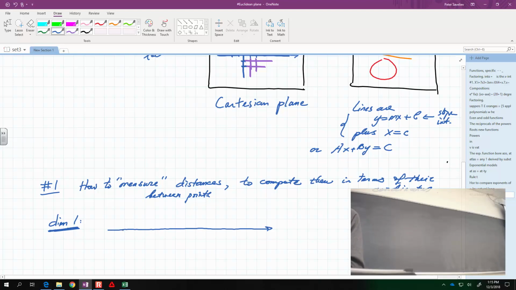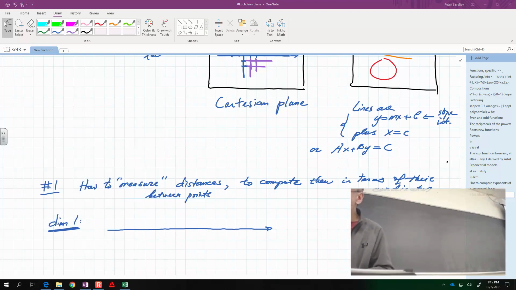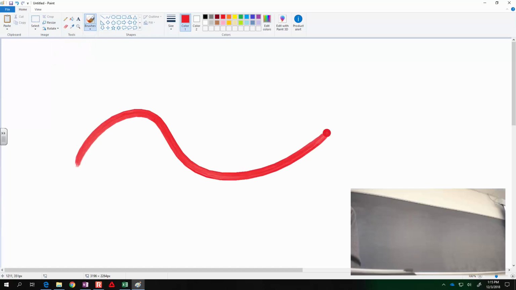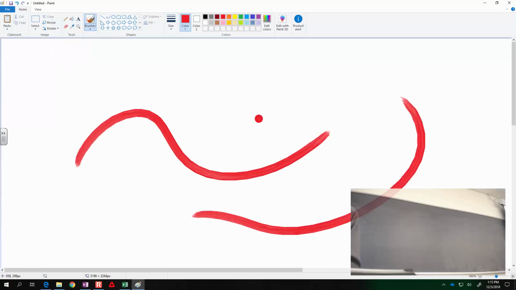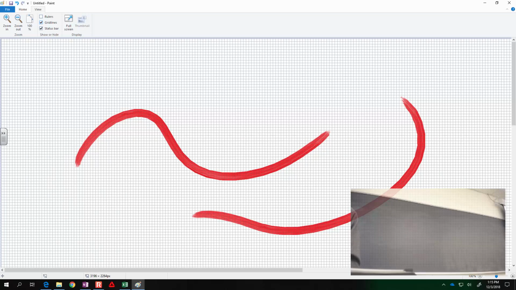By the way, before I do that, Microsoft Paint has an option for the grid. So if I have my pictures, whatever I want to study here, I can put it on the grid if I just do this. Okay, the grid is there, and in case you don't know, you see it on the bottom left, tiny numbers.